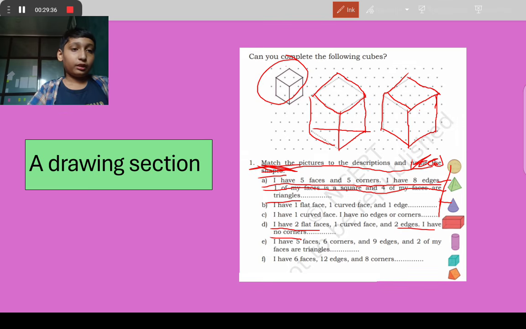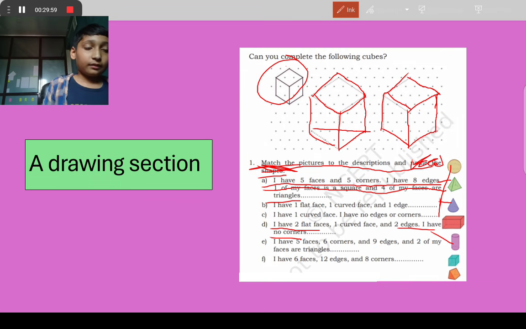I have no corners. It could be a cylinder because it has 2 flat faces, one curved face, and absolutely no corners. Next: I have 5 faces, 6 corners and 9 edges.